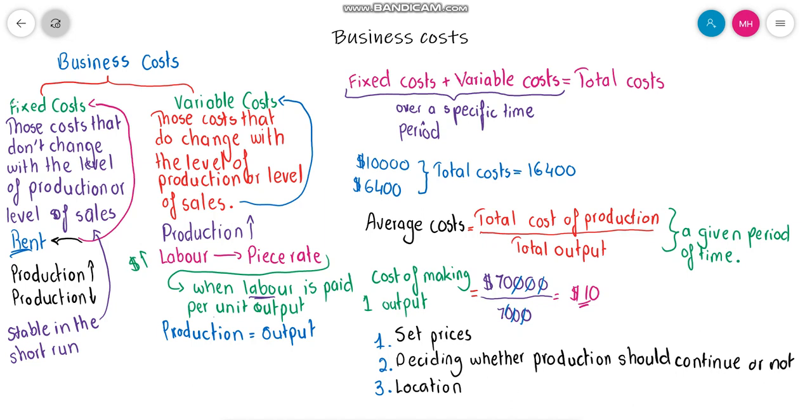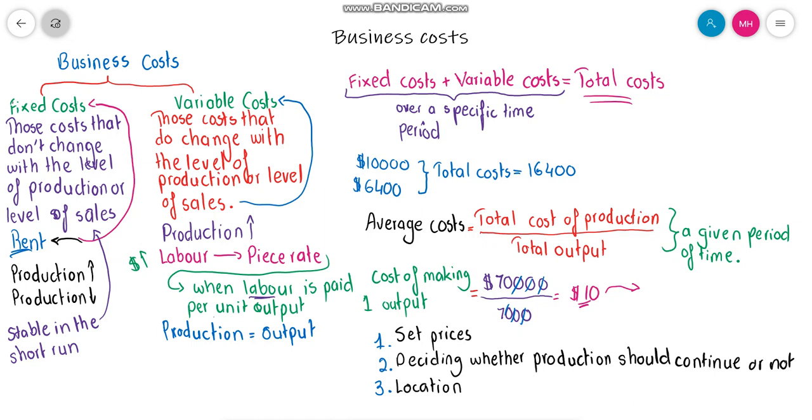For setting prices, let's say we have a pair of shoes and its average cost is $10. Therefore they will increase the price in order to gain profit and to pay for all of the total costs next time. If they don't, they are at a loss and won't be able to pay for the costs.